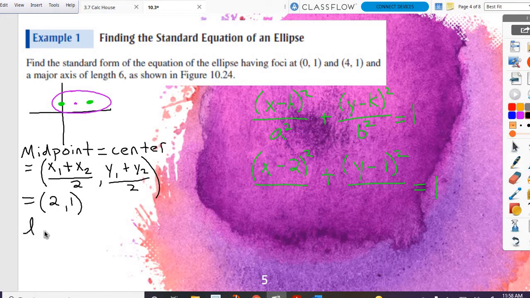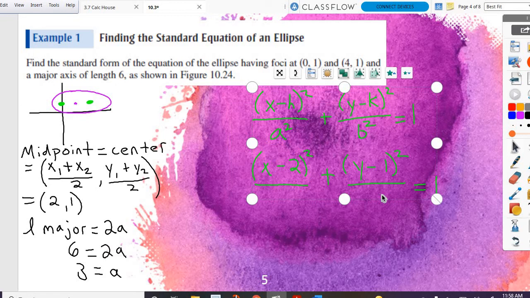Now remind me, the length of our major axis equals what? 2A, right? Because the distance to one vertex is A. So if I had both of them, it would be 2A. But since they tell me that the length is 6, what do we know that A has to equal? 3. So what is going to go underneath my x? 9. Okay.